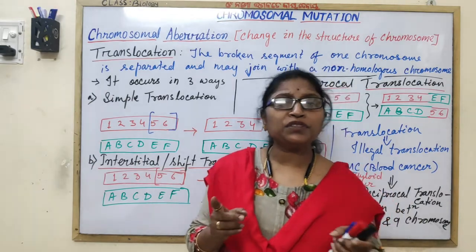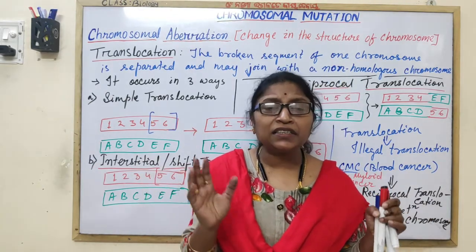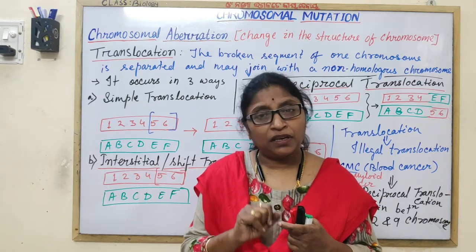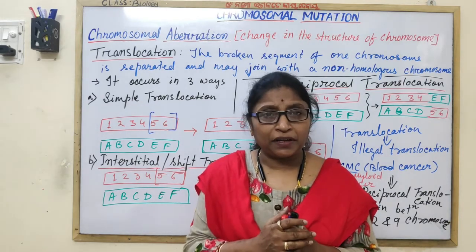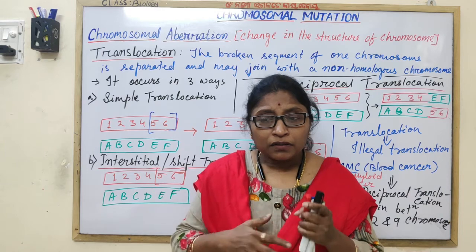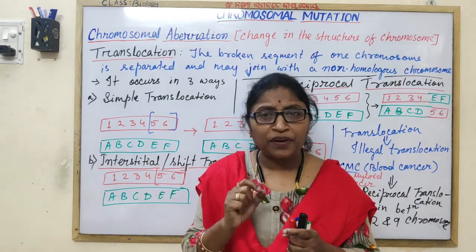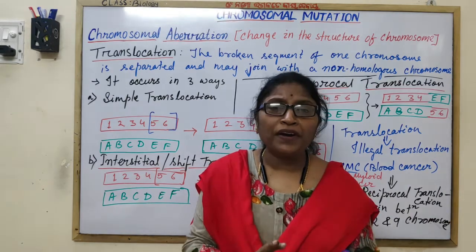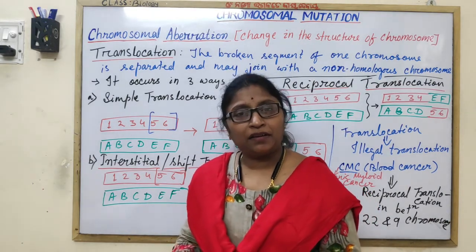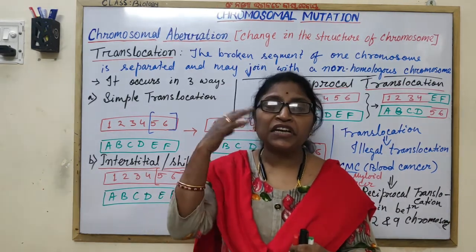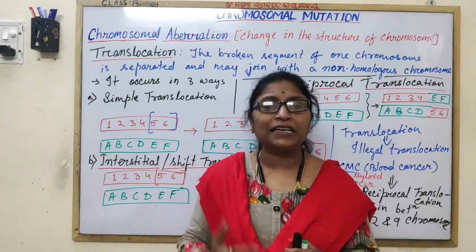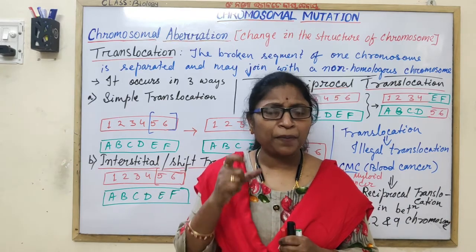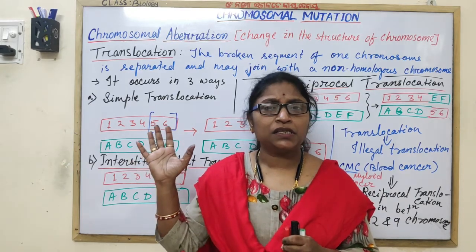The number of chromosomes we discussed under the heading genomic mutation or heteroploidy, where the ploidy changes, and that may be euploidy or aneuploidy. In euploidy, the number of complete sets of chromosomes changes.